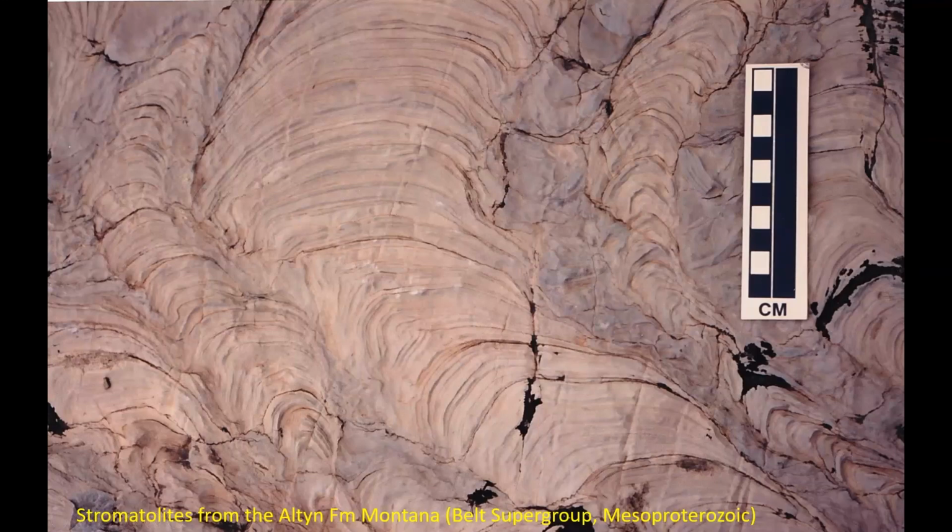One is that it may be something to do with light, and you may get faster growth in the direction of light, and sometimes there can be some disturbance of the bed which would cause that growth to change. Or it could be something to do with the supply of sediment. If sediment is coming from a particular direction, that may help them to accrete in a particular direction, perhaps.